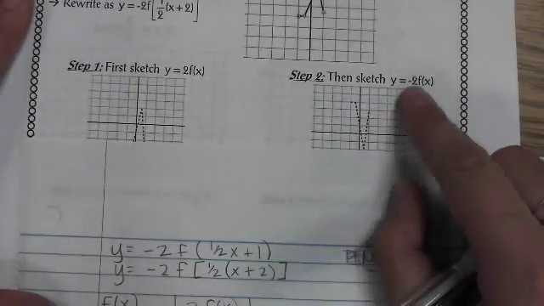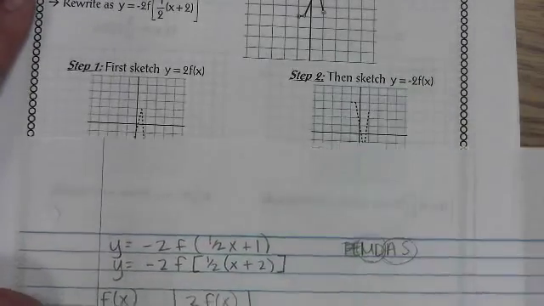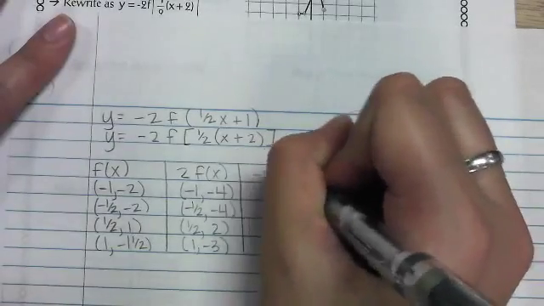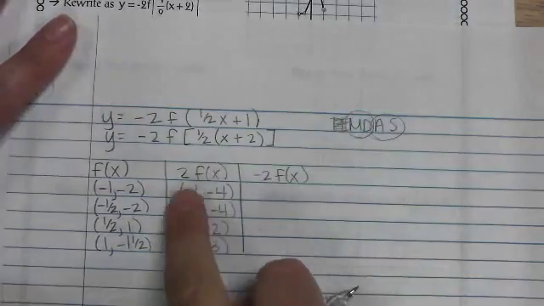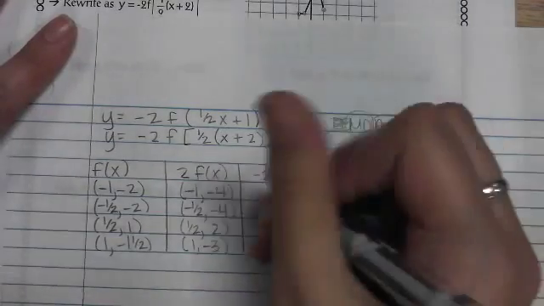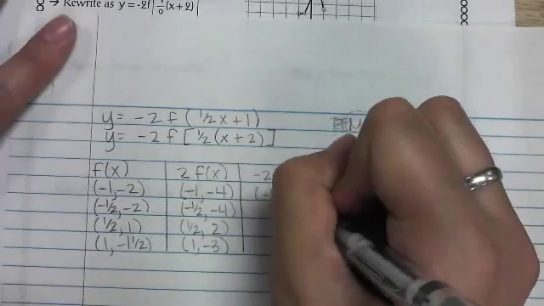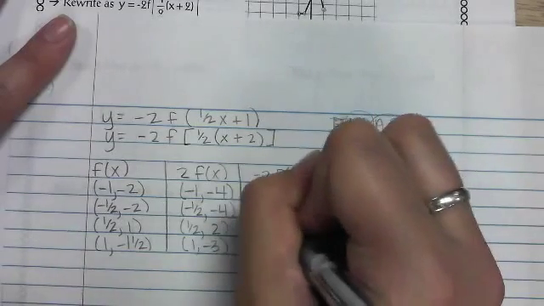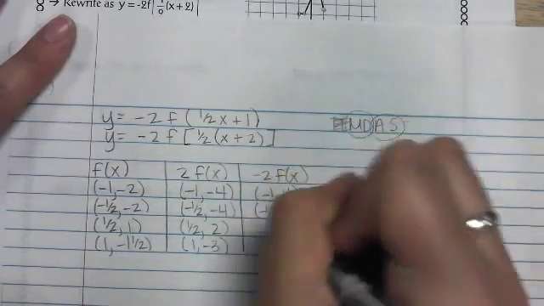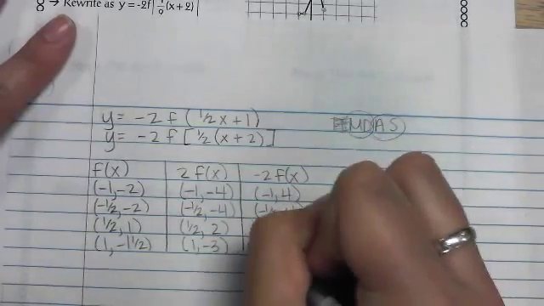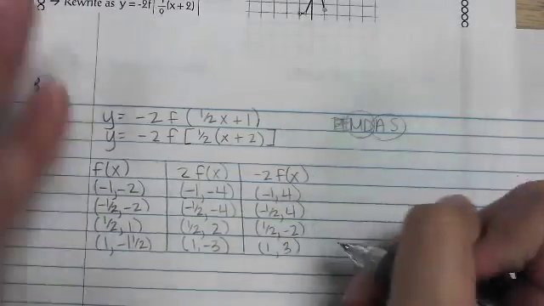Next, they are dealing with the flip, or the reflection over the x-axis, so we can go ahead and add that. If you want to do the 2 and the negative at the same time, you definitely could. So flip it over the x-axis and get 4, flip it over the x-axis, get 4, get -2, get +3.